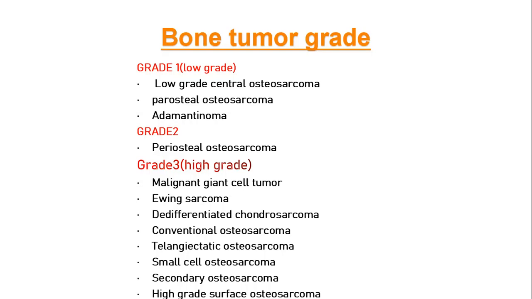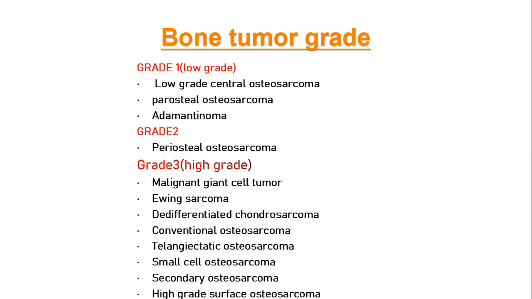Welcome to another session of discussion of which we shall be discussing the grading system of tumors. From our previous lesson, we had the staging system, and we were able to discuss the NAK staging system of bone tumors. So without much ado, let's proceed.